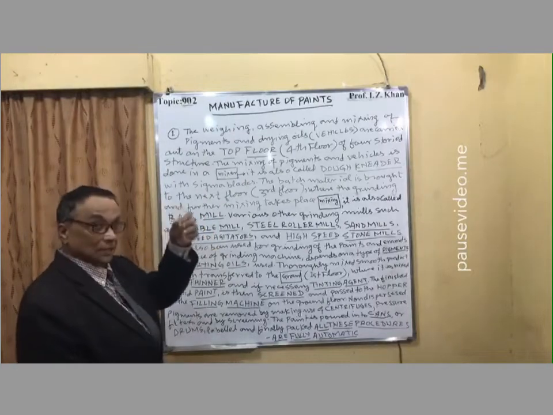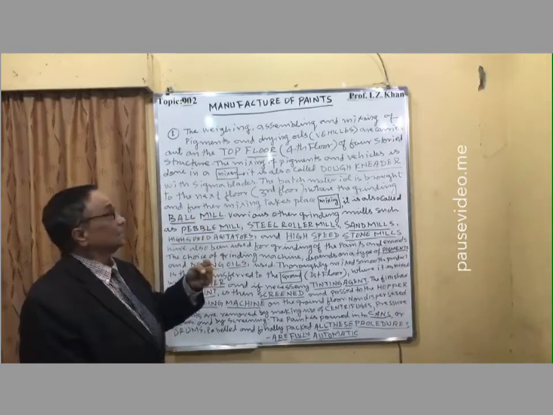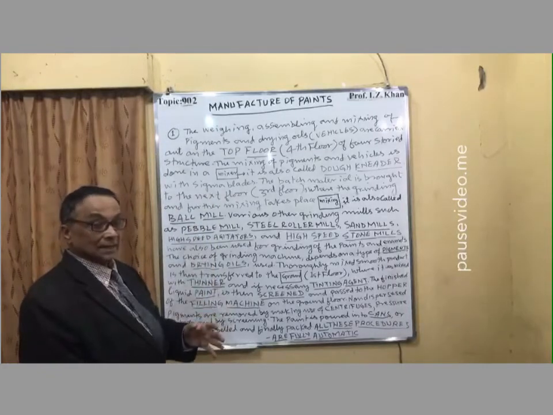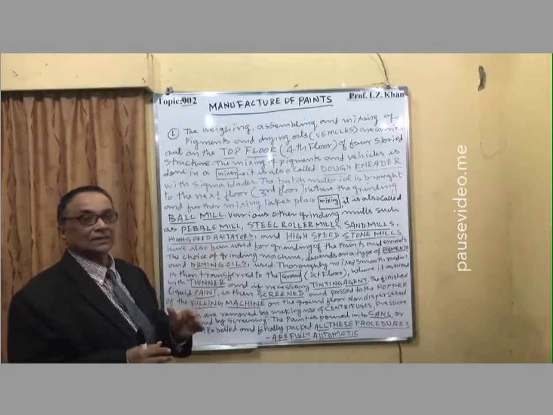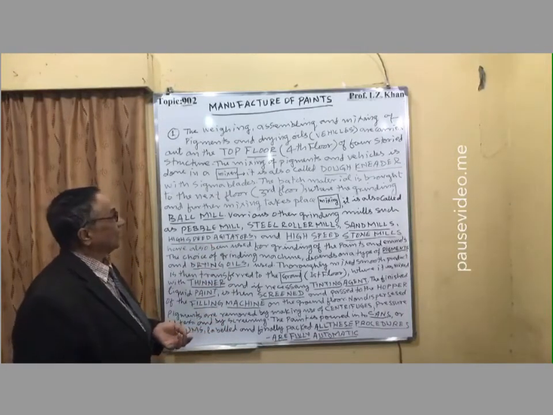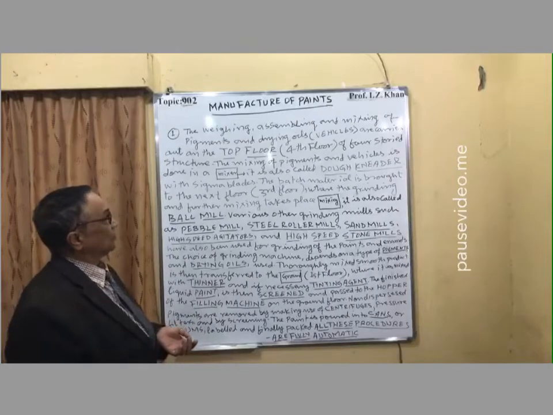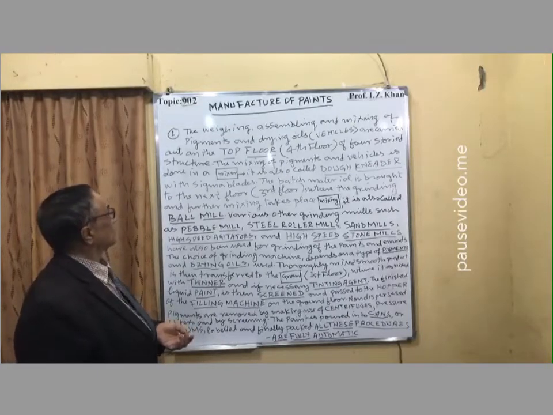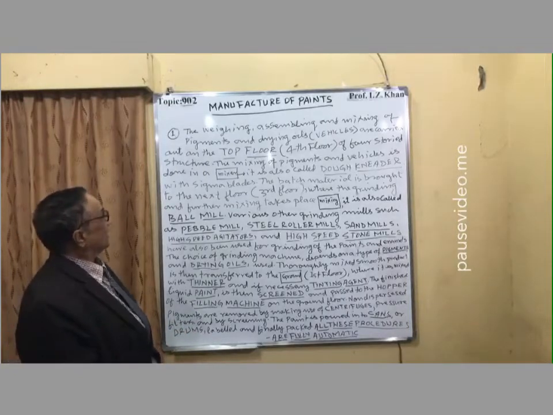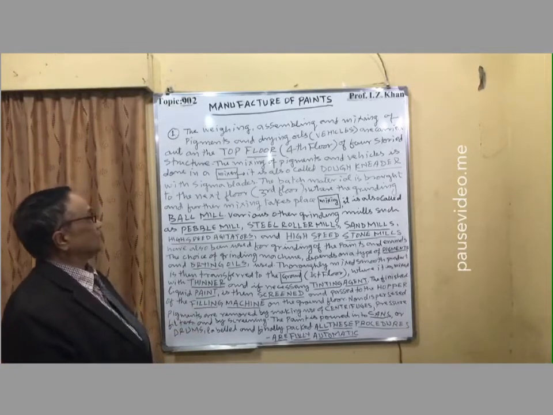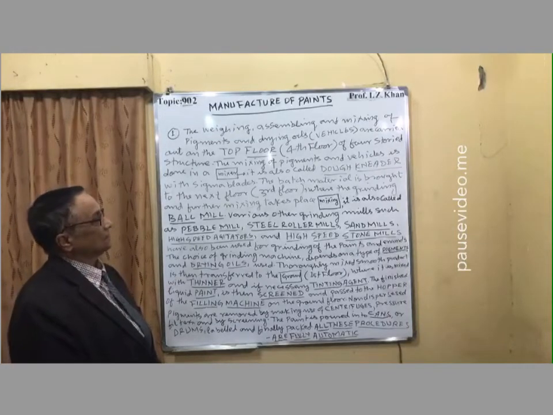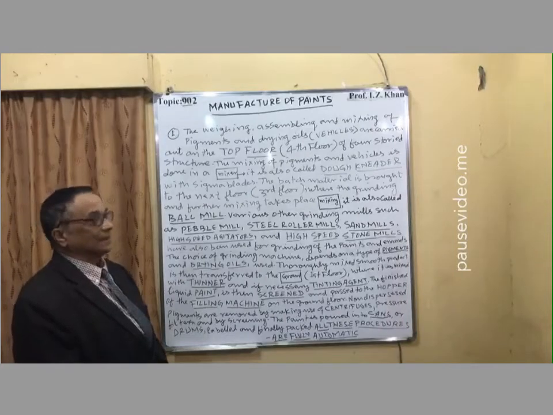That is, they have to take the weight, then they will do the assembling, then they will do the mixing. Once all these things are done, that is called batch material or batch mass, where the pigments and drying oils are mixed, on the top floor of the four-story structure. The mixing of pigments and vehicles is done in a mixer, and that mixer is also called Duff Kneader.